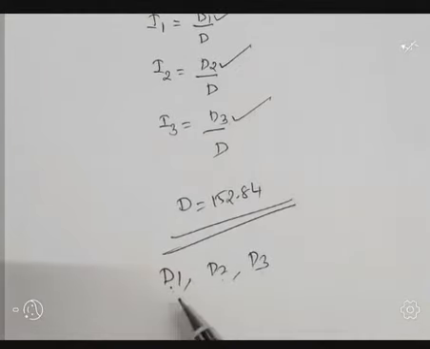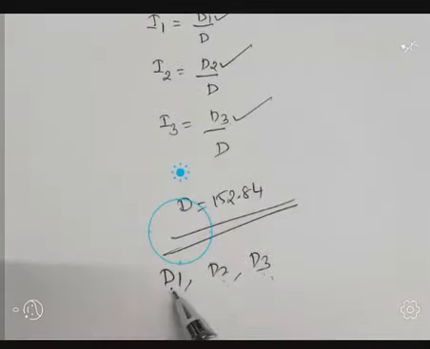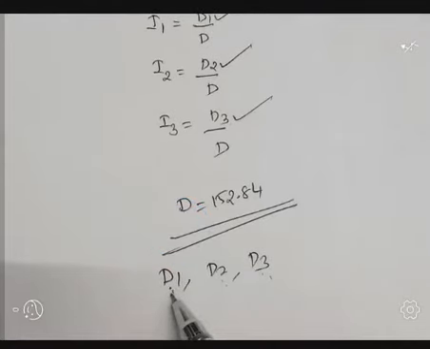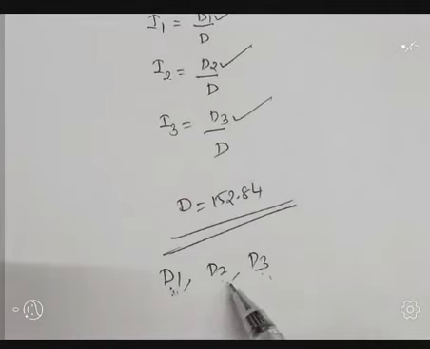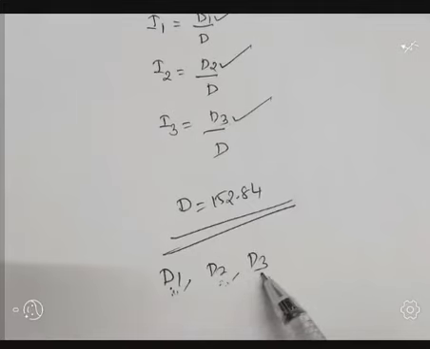It means if you replace the first column entries by the constant terms, then it gives the first determinant D1. If you replace the second column entries by the constant terms, then you get D2. Similarly, if you replace the third column elements by constant terms, then we get D3.